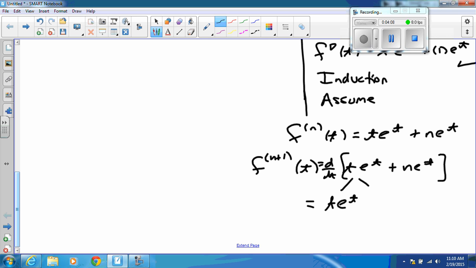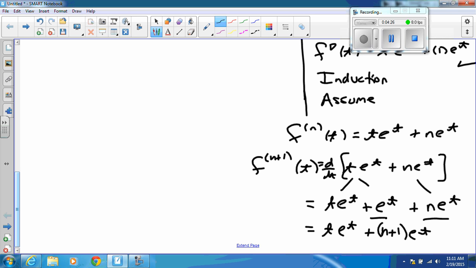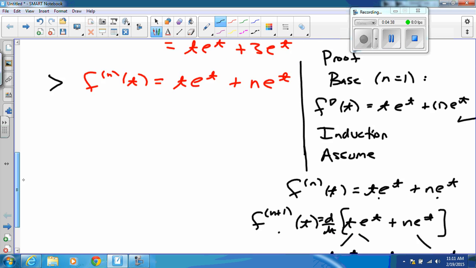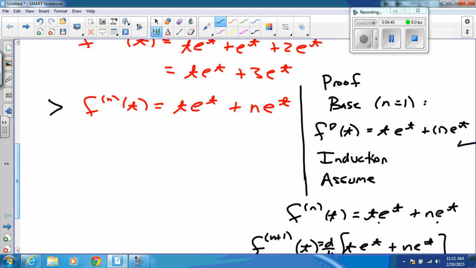We use the same pattern that we did in finding our examples: first times the derivative of the second, plus the second times the derivative of the first, and of course plus n factors of e to the t. And lo and behold, we have n plus 1 factors of e to the t. So if my nth derivative is t e to the t plus n e to the t, then my n plus 1th derivative is necessarily t e to the t plus n plus 1 e to the t.